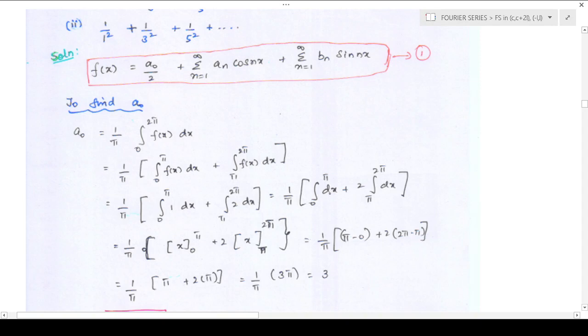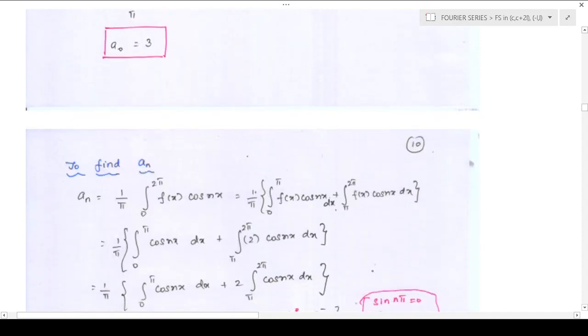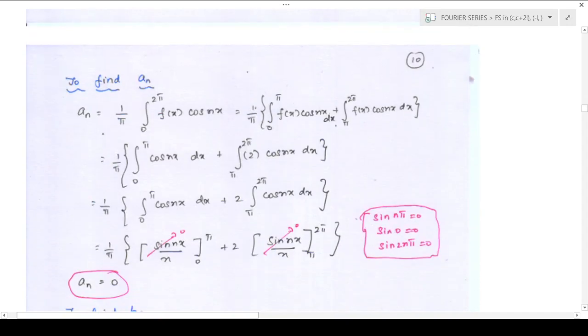You are integrating dx, integration is x, applying upper limit minus lower limit. You are getting your a naught value, children. Similarly, a n is 1 by pi integral 0 to 2 pi f of x cos nx dx. Here again we are splitting the interval into 0 to pi plus pi to 2 pi, and then we are applying f of x value 1, 2 respectively in the first and second integral.